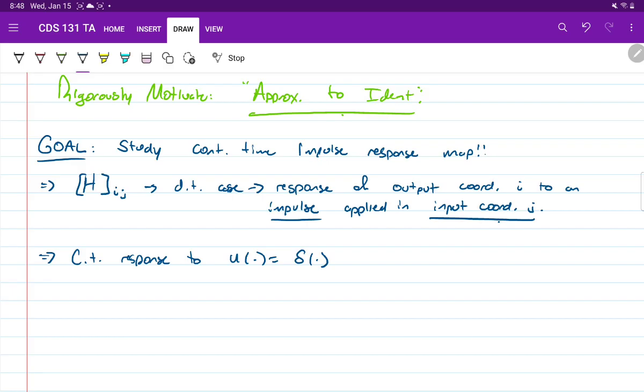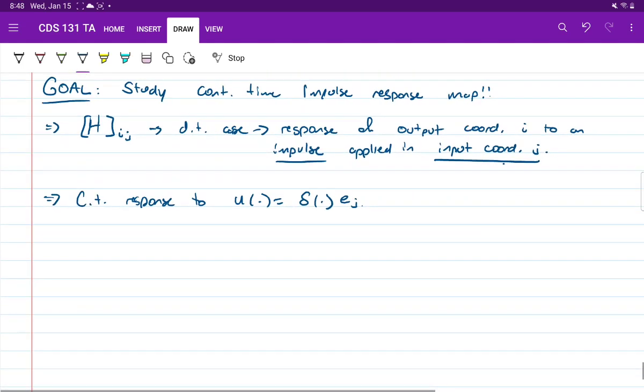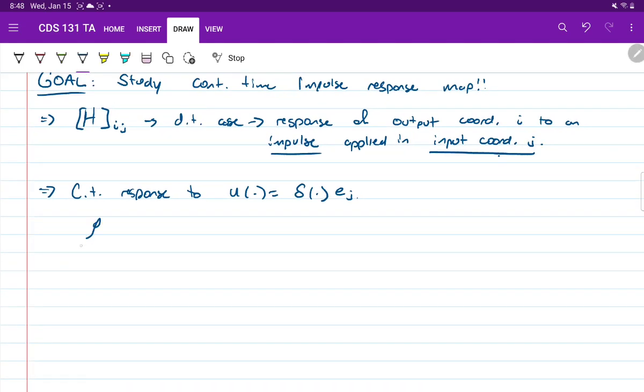Okay, remember, this is not actually true. This is not what a delta truly is. We're just using it for the sake of exposition here. Okay, so delta times e_j to make sure that this shows up in the jth coordinate of our input. Okay, and I'll go ahead and use the formula for the IO map, or excuse me, the zero state response that we derived in previous lectures.